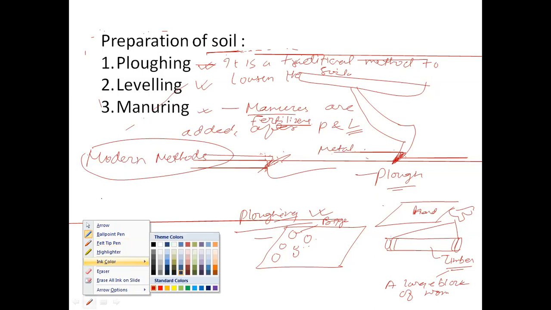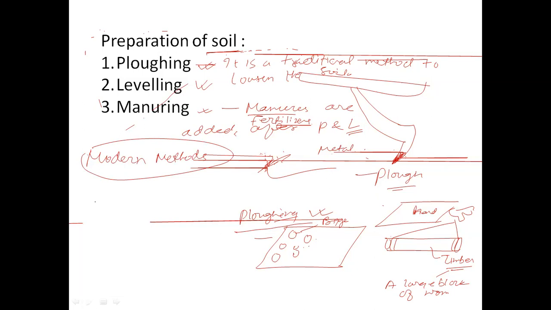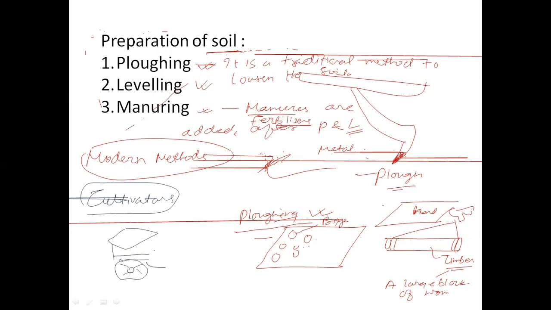We have cultivators. Cultivators are basically, if you see a tractor, let's say this is a tractor, on its back it has these hook-like structures attached.